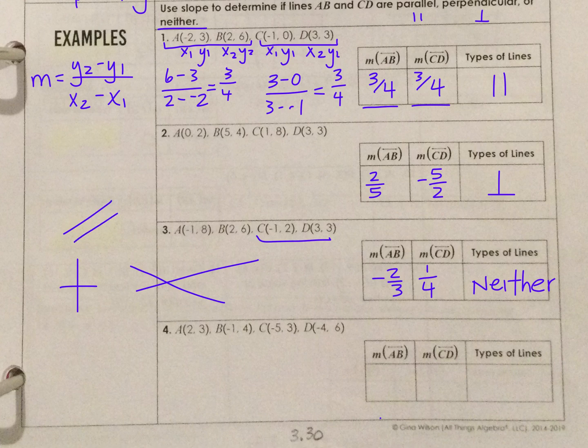All right, I would like for you to use your formula, find the slope of A, fill it in the box. I'll go ahead and tell you the slope of this one is a 3. So then I need you to tell me, is it parallel, perpendicular, or neither? All right, when you're done with number 4, flip over to the next page.